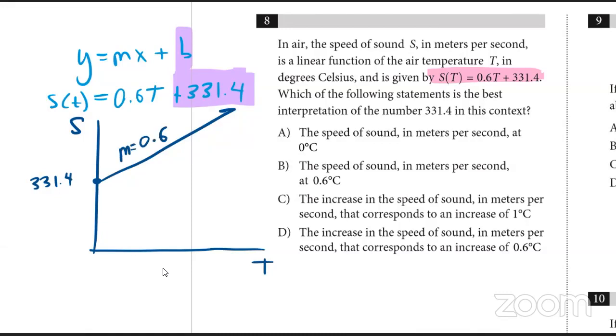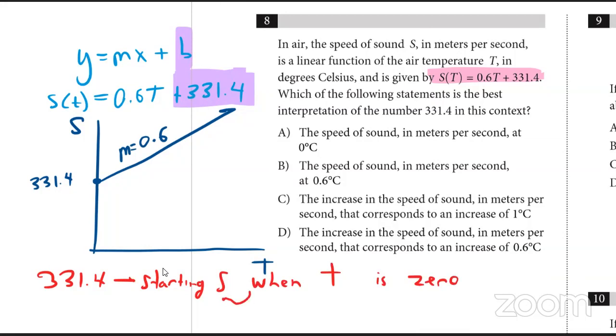That's our slope. So what's the 331.4? It's the starting s, because b is going to be our starting y value when x is 0. So here, 331.4 is our starting s when t is 0.